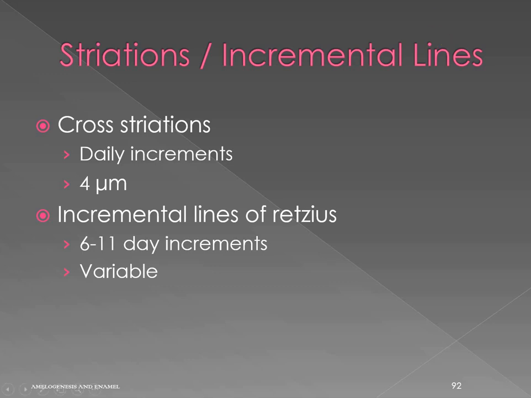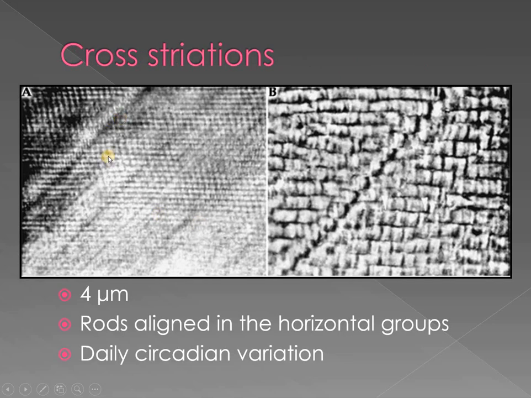Similarly, a circaseptan rhythm, that is a weekly rhythm, is also noted, which is called the incremental lines of Retzius. So if you look at this image on the left, you can appreciate that the enamel rods have even increments of smaller duration, that is roughly 4 microns.